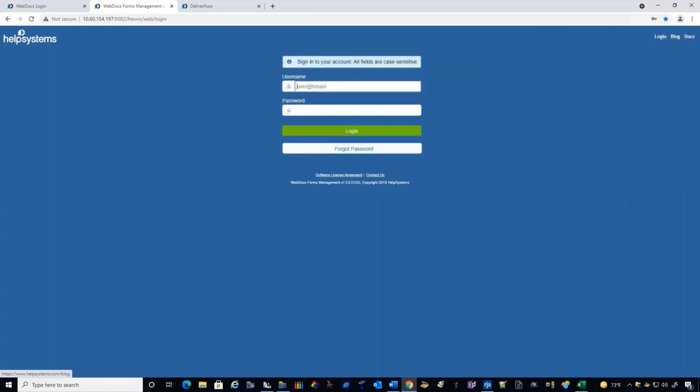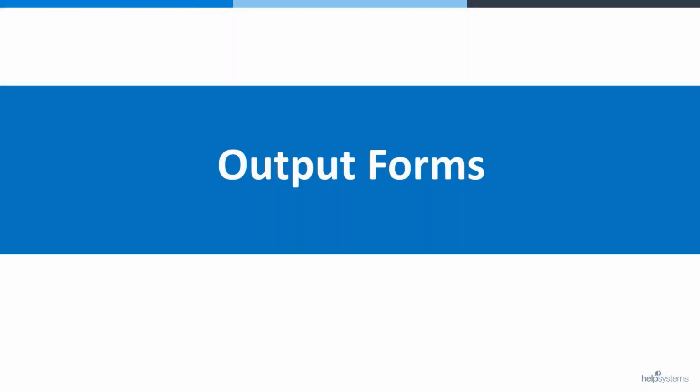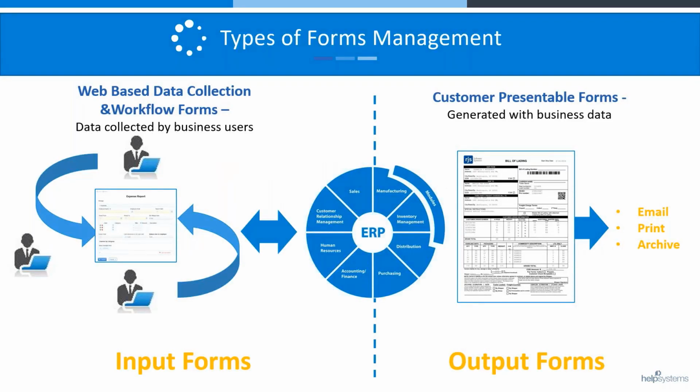Now, from an output standpoint, output forms are the other side, right? So the input form is inputting data and document creation at the beginning of a process usually. And at the outside of that is the output form, generating the back end of those documents at that point, right?